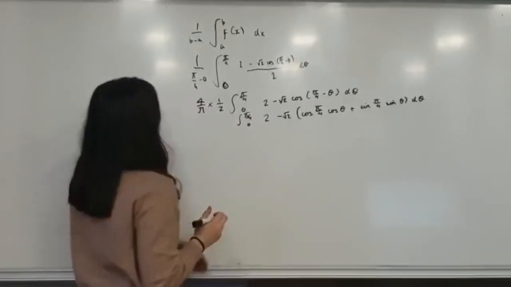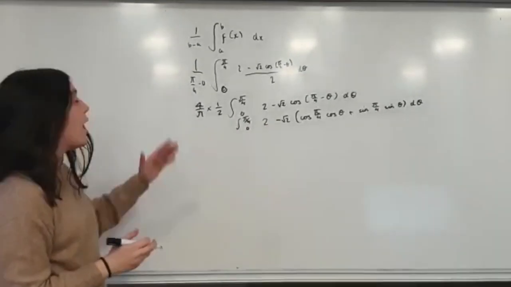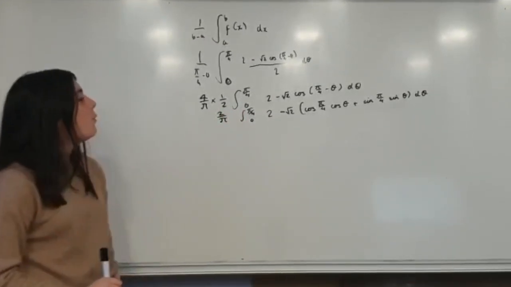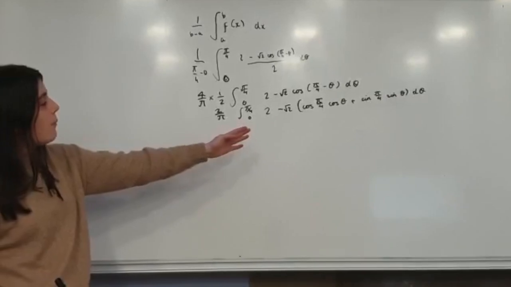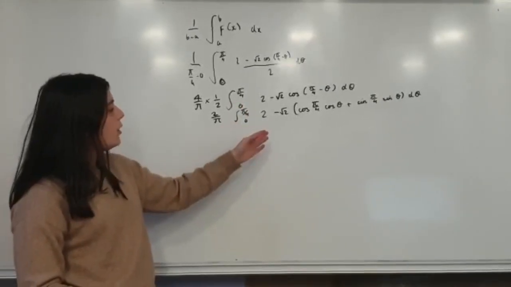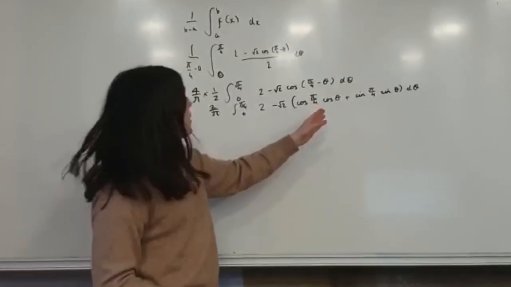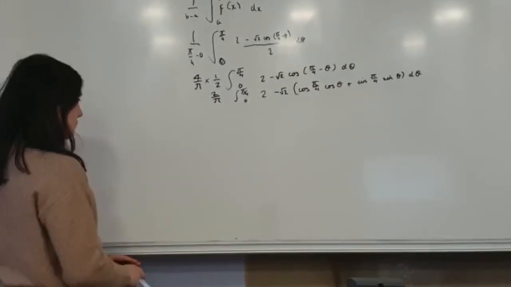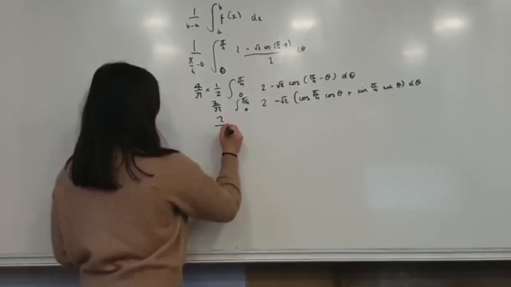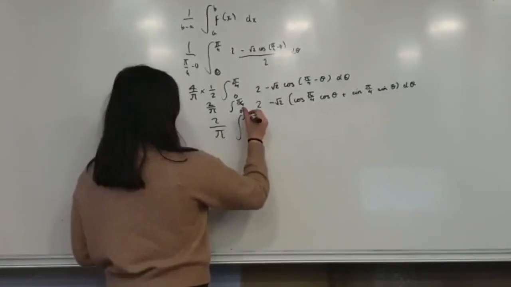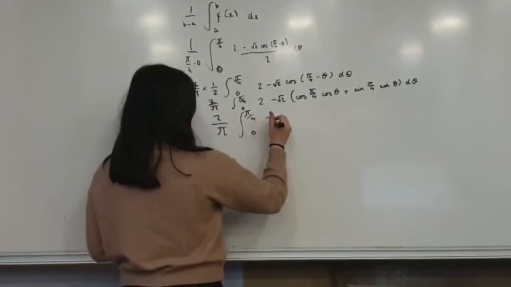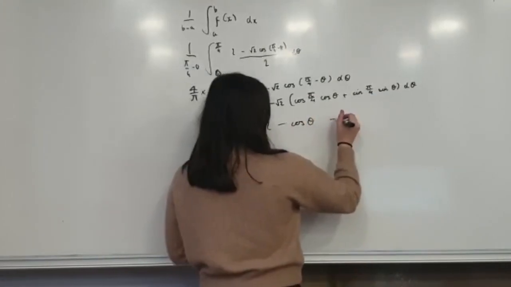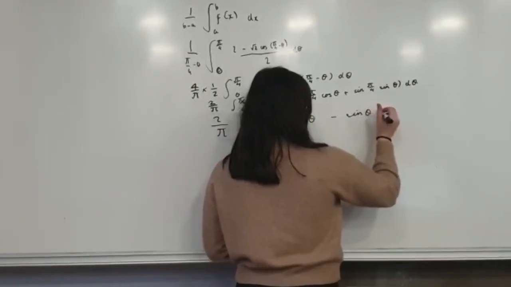Now the rest of it, we are left with something looking like this. And with this element, it becomes 2 over pi, as is evident. Now, we can tidy this up a little bit more and leave this as minus cos theta minus sine theta. So we are left with 2 over pi between pi over 4 and 0 of 2 minus cos theta minus sine theta d theta.